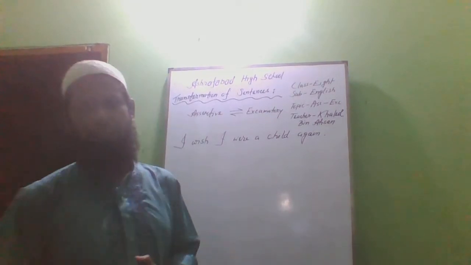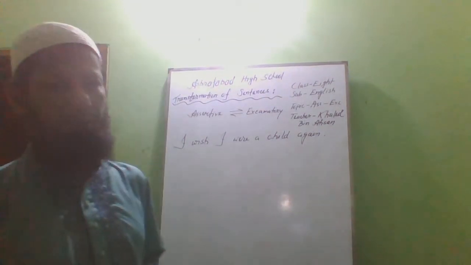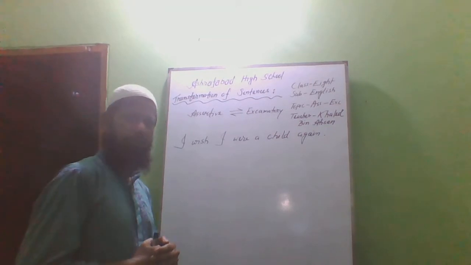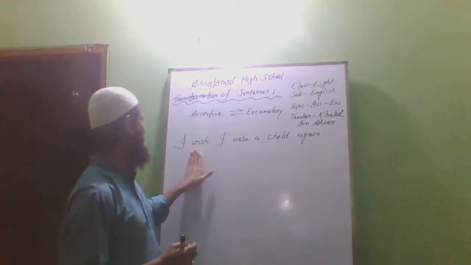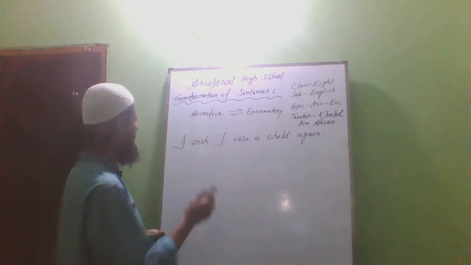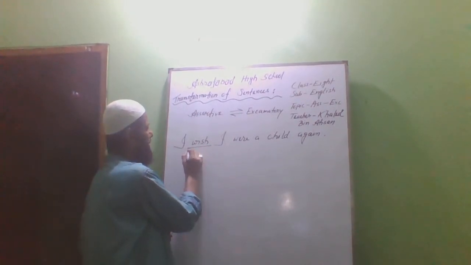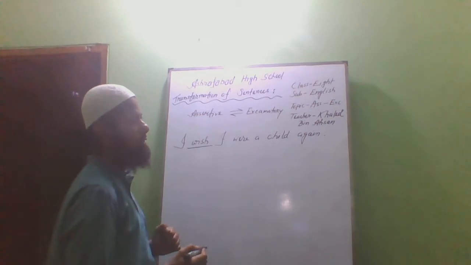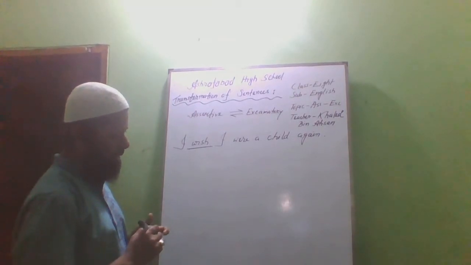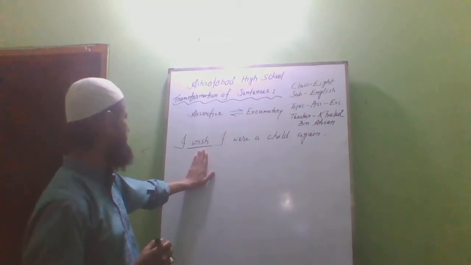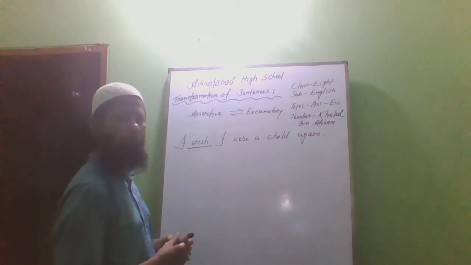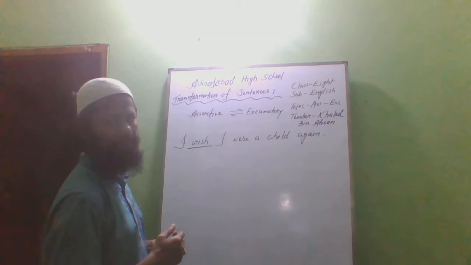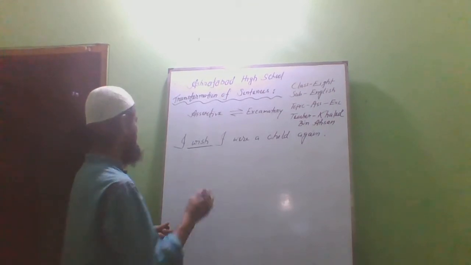Dear students, this is also an assertive sentence, and now we will transform this sentence from assertive to exclamatory. According to our rule, we find here wish, and if we find wish in any assertive sentence, we should use if when we want to change the sentence into exclamatory.